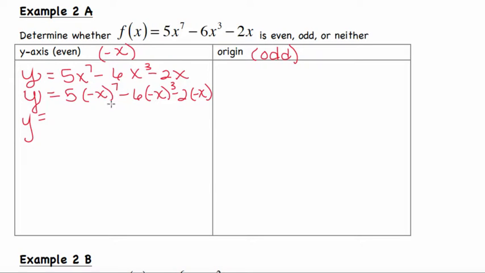Now I have negative x to the 7th, and I'm going to actually show that up here. Negative x to the 7th has 7 negative x's in a row. That's 2, that's 3, that's 4, 5, 6, and then one more here on the end, 7. For every 2 negative x's that multiply together, you're going to end up with a positive result.